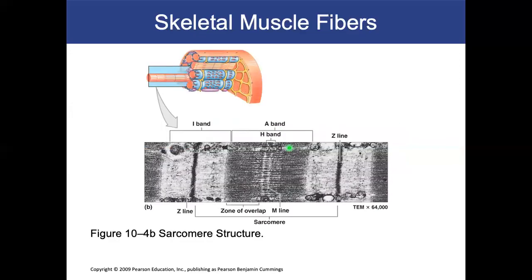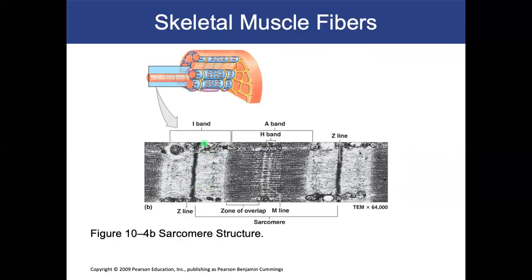Here's a transmission electron micrograph. It's of a sarcomere, and it's magnified 64,000 times. And so you get these beautiful striations. These beautiful striations are because the actin and myosin bundles are arranged sort of like checkers, like they're stacked up one on top of the other. So here's your Z line.